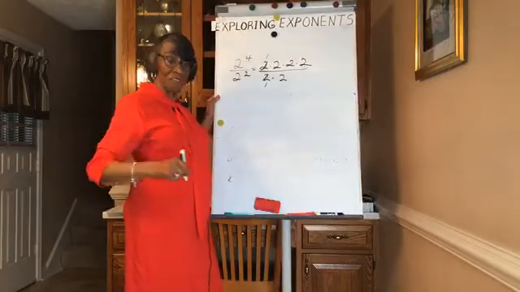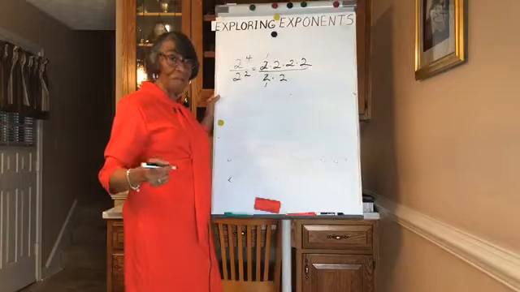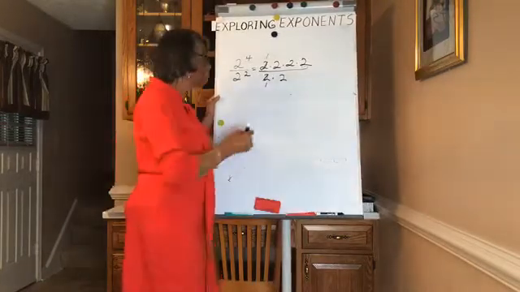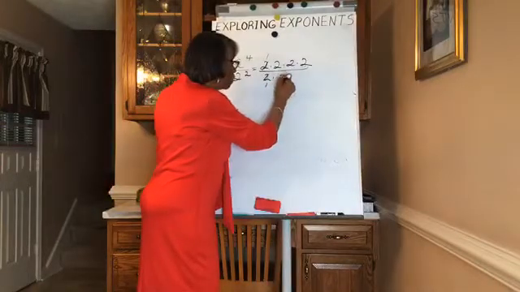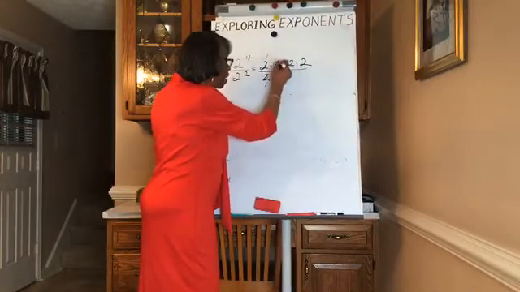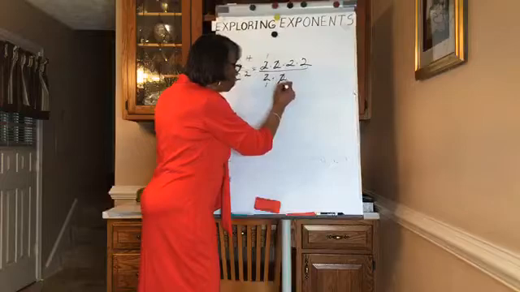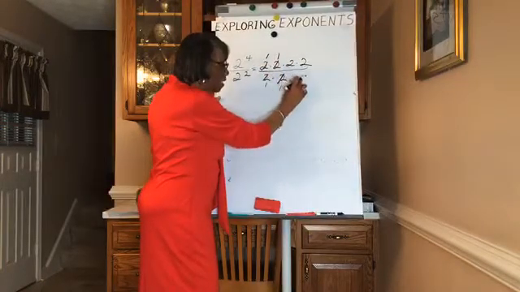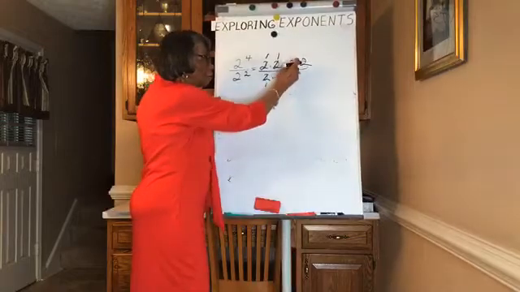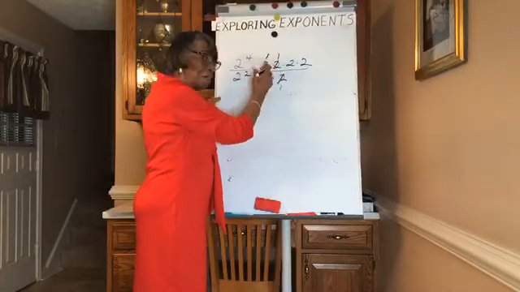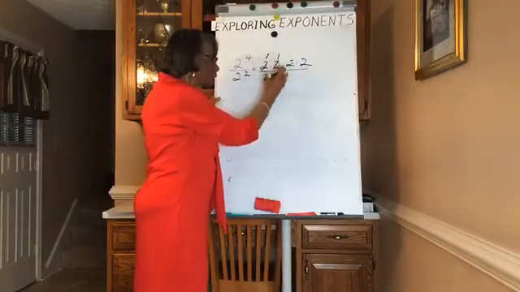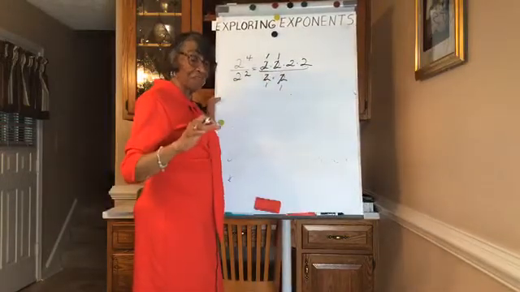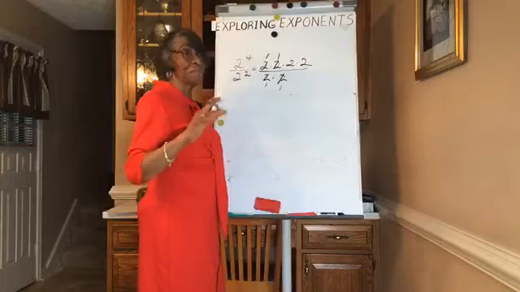And sometimes when we get to further problems in algebra, if we don't have this understanding, then we have a problem. All right, so this can cancel with this one because we divide both those by 2. Now, we don't have anything else at the bottom to cancel with. So you can cancel any number in the numerator with any number in the denominator that is the same factor or has a common factor.